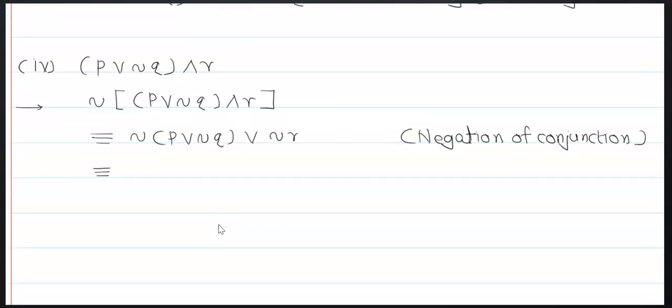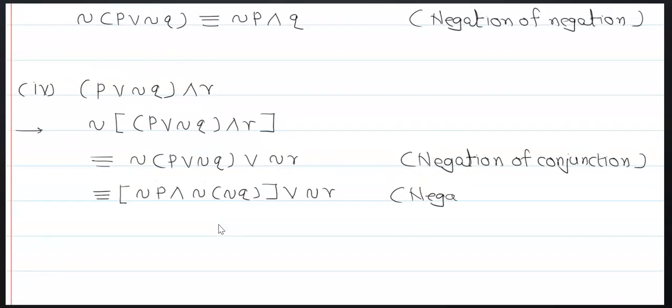Next is negation of P and negation of negation Q, or negation of R. This is again the negation of disjunction.